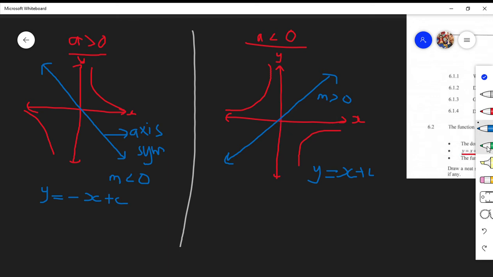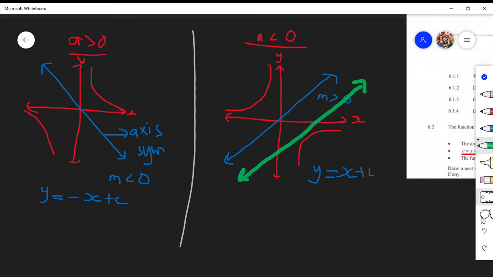Like, for example, your axis of symmetry can't be here, because then it won't be an axis. Remember, symmetry is whatever you see on one side has to be identically repeated on the other side.